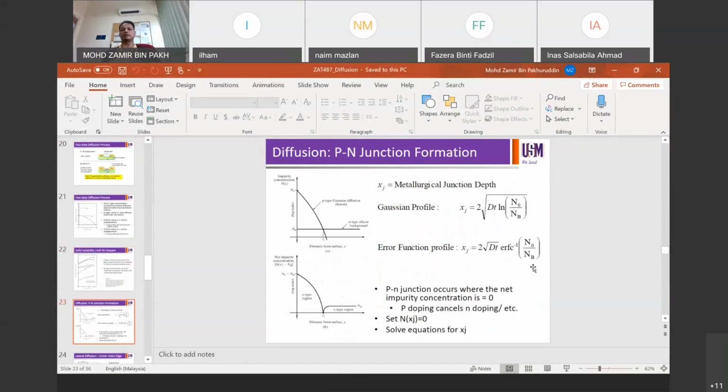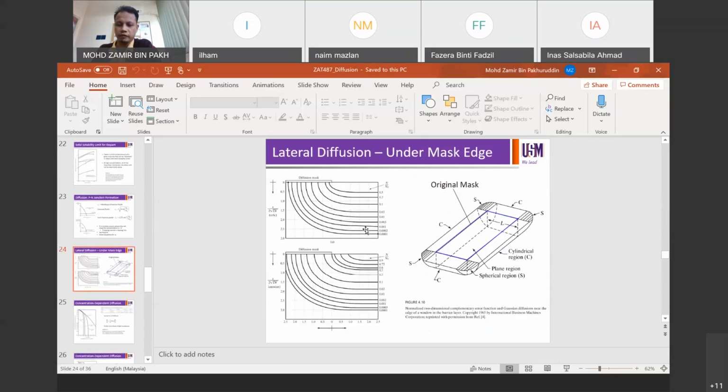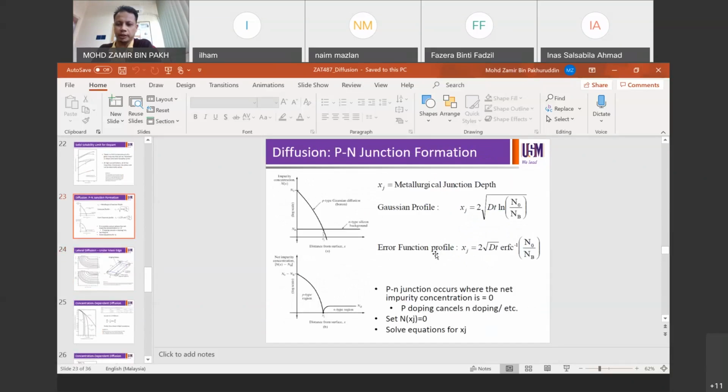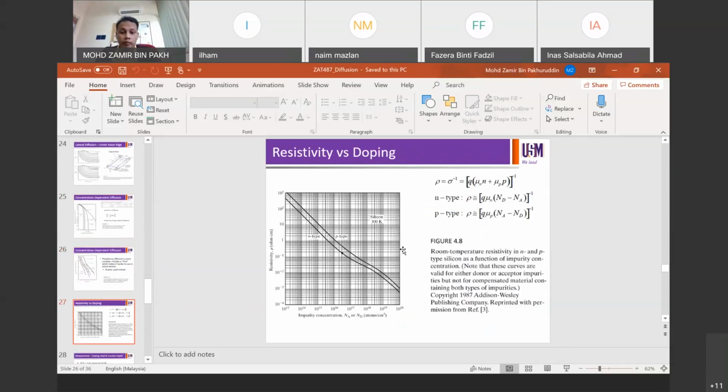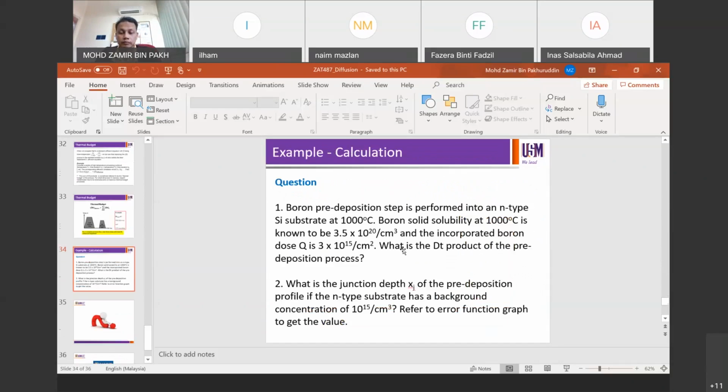So what is our n naught in this case? What is our surface concentration? Tadi you dah pakai kan untuk calculation pertama tadi? What is our n naught in this? Surface concentration, so that will be your surface concentration, and then NB is your background concentration, 10 to the 15.